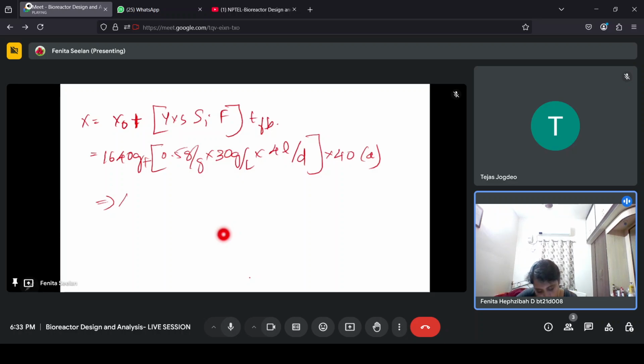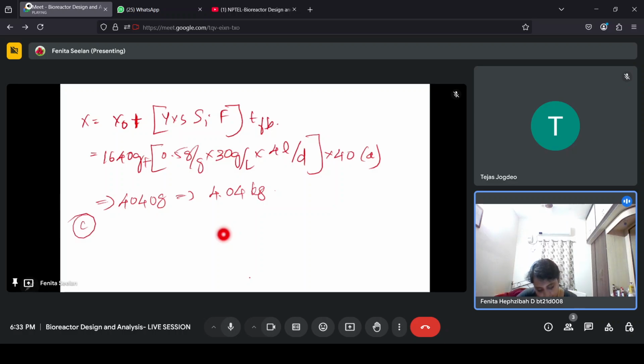It's 4040 grams, nothing but 4.04 kilograms. So the final mass of cells remaining after 40 days of fed batch culture would be 4.04 kg.